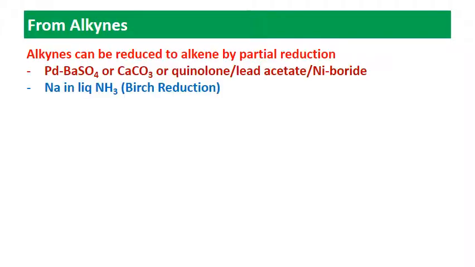So basically, alkynes can be reduced to alkenes by simply reduction, but partial, by using some catalyst.